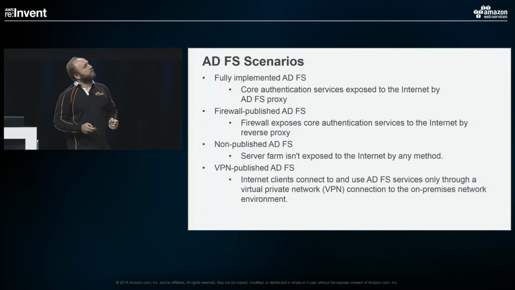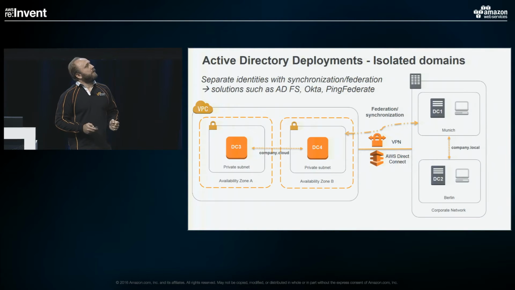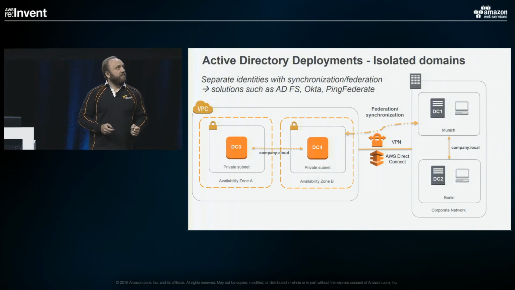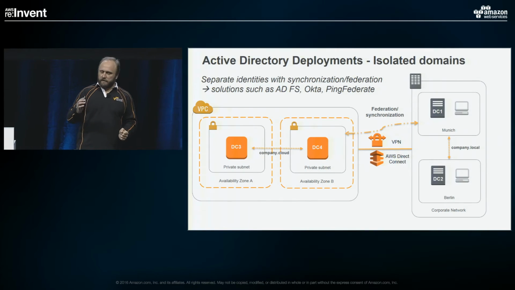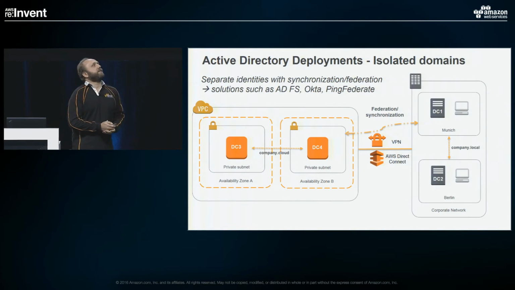Also, you can have isolated domains. It seems my clicker is skipping. You can have isolated domains, and then you can establish federation. This is a common federation scenario for a lot of those cloud services.